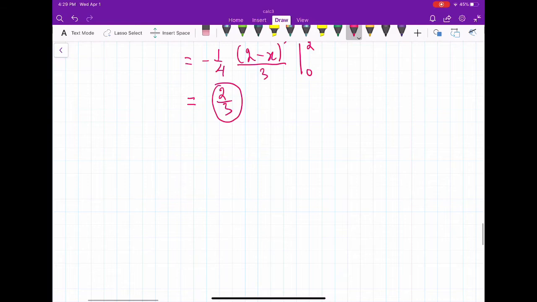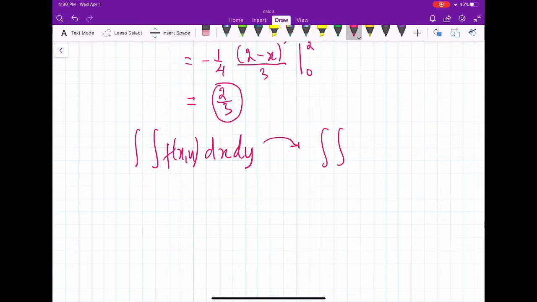When you want to rewrite the iterated integral dx dy, where you have some function of x and y, and change it into dy dx, it means you want to change the order of integration in iterated integrals. So each time you do that, you need to change the integration limits. Make sense?